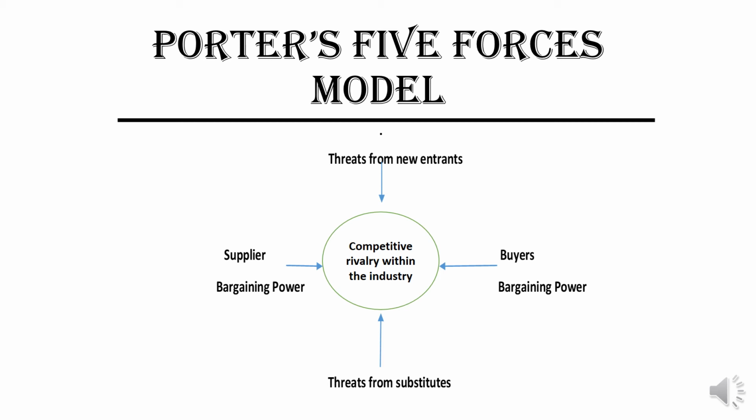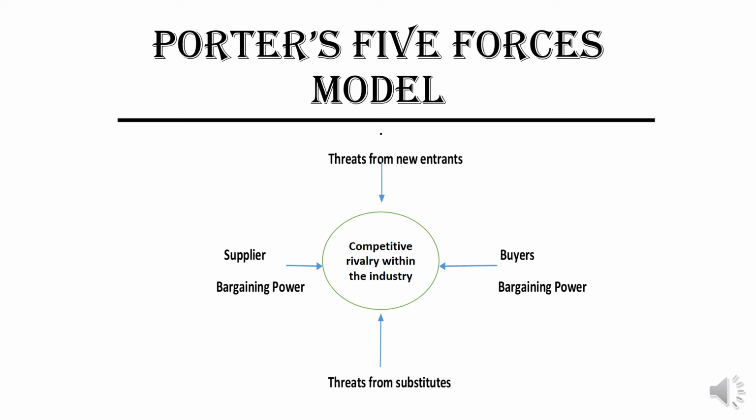Supplier bargaining power can also be high when the number of suppliers supplying that product is limited. Therefore, the organizations within that industry have no choice but to use the limited suppliers in the market. Now let us talk about the buyer's bargaining power. What makes the buyer's bargaining power high?